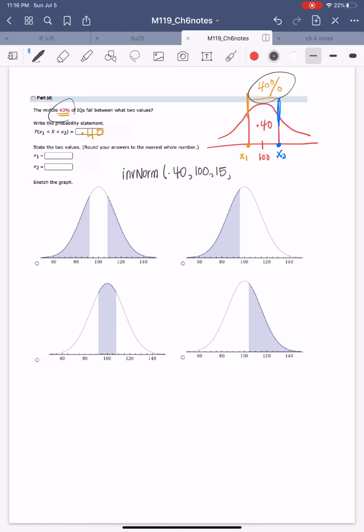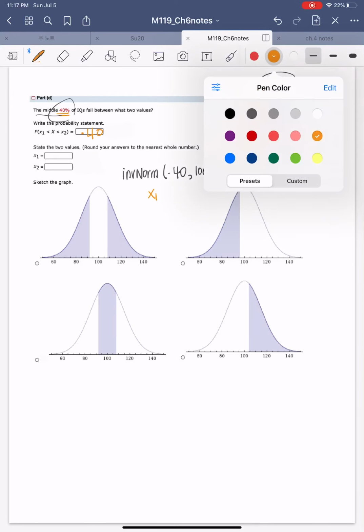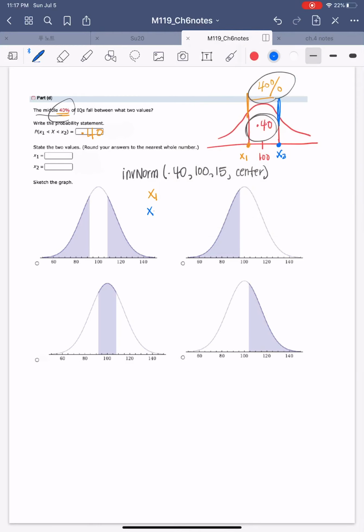Now the tail that you're going to select is not left or right, because you're not given left or right. You're actually given the middle area, so you're going to put the center option. If you do that, it's going to give you both x1 and x2 at the same time, so you don't have to do it twice.